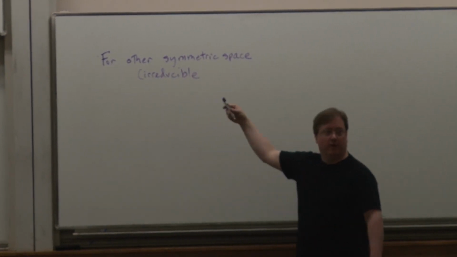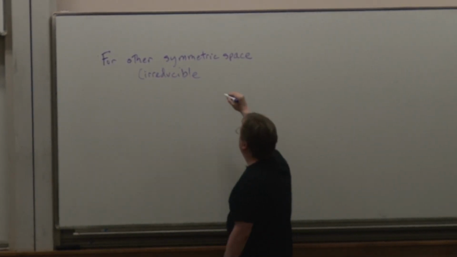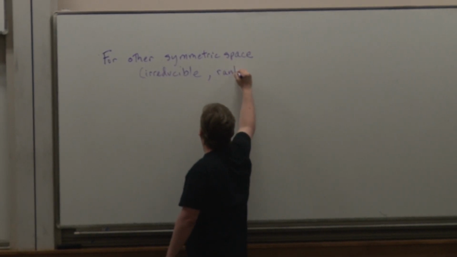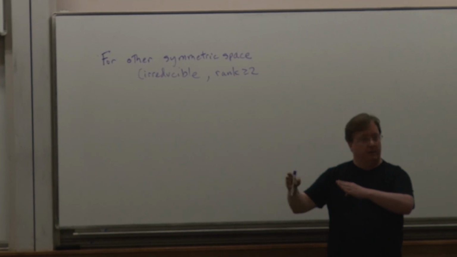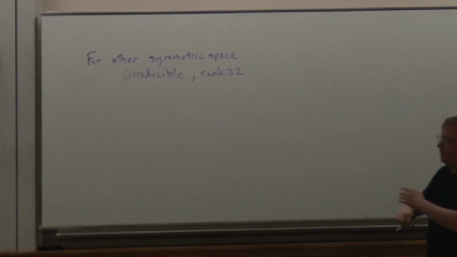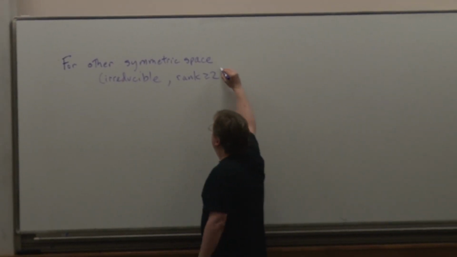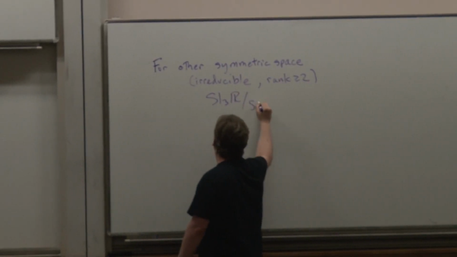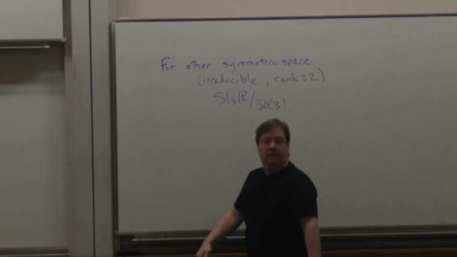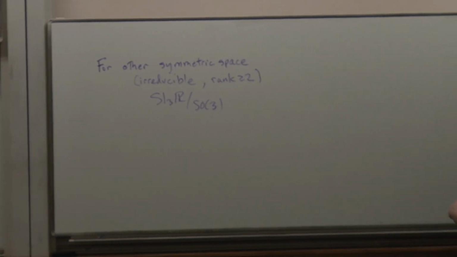We don't have this H2 cross R sort of situation. At rank at least 2, so we're not looking at something hyperbolic, there really are higher dimensional Euclidean spaces floating around. If you want to, you can just think SL3R mod SO3. There's a ton of these things.